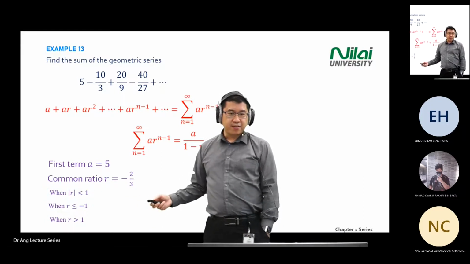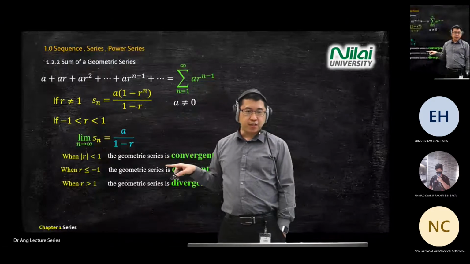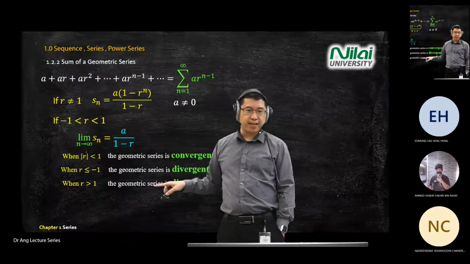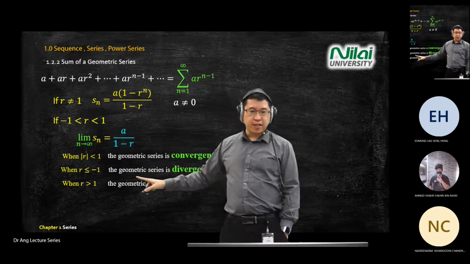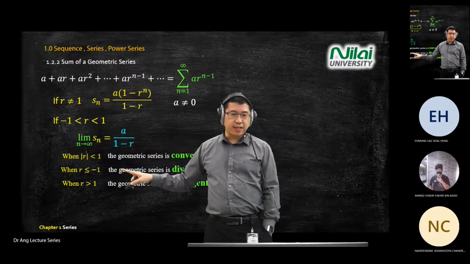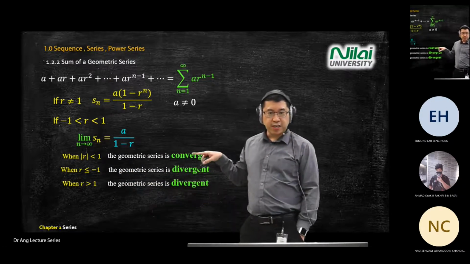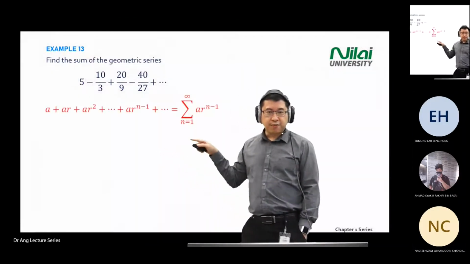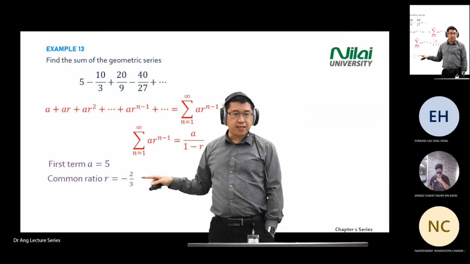So that's why we know that from comparing the criteria, the slides that we just explained, there are three scenarios. For the value of R, you have 3 sets. First set is that if your R is less than 1, you get convergent. If your R is less or equal to -1, you get divergent. If your R is more than 1, you get divergent. So there are 3 scenarios for you to choose. From the exercise itself, from example 13, you manage to find that your R is negative 2 over 3.